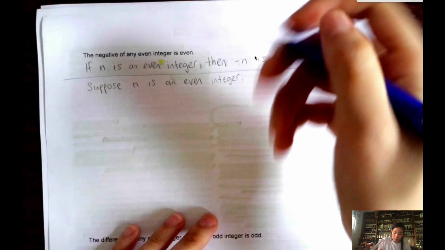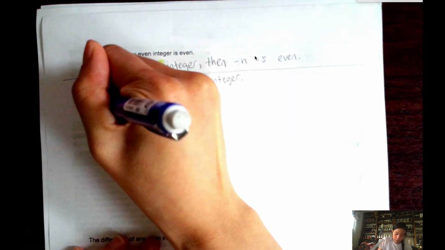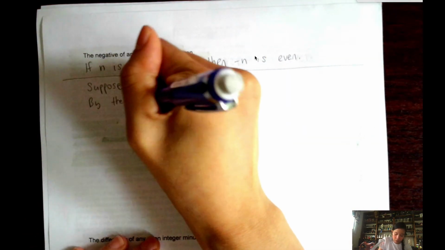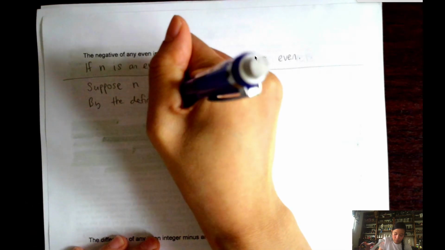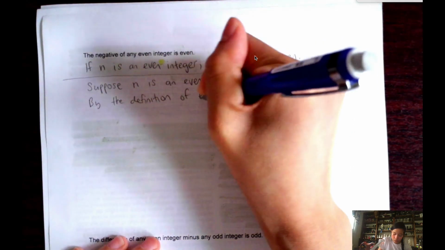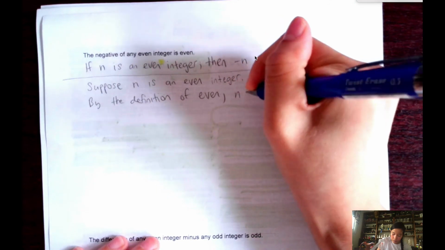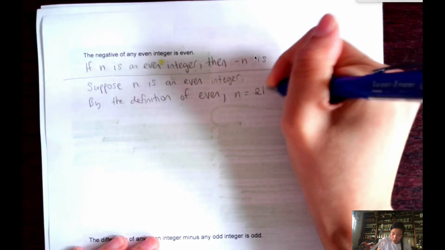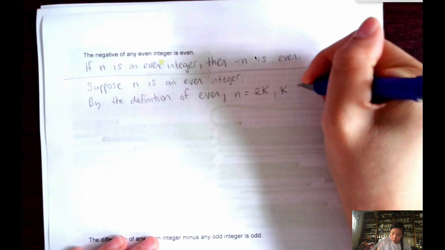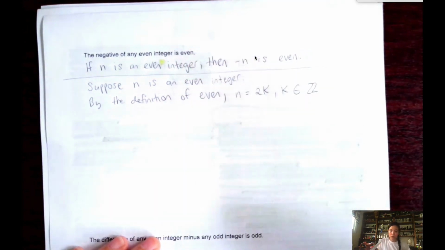So we want to say something that addresses that. By the definition of even, n equals 2k, where k is an element of the set of integers.